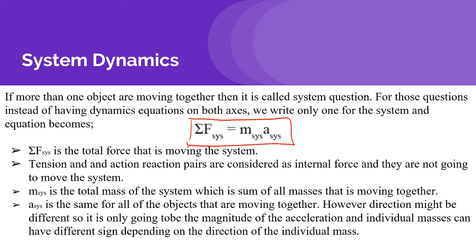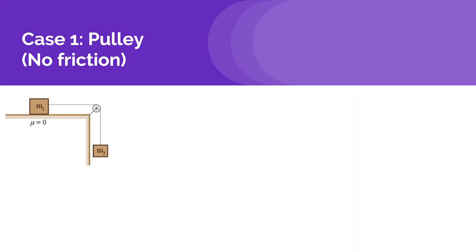We take the mass of the system, which is the total mass of everything, and the acceleration of the system. One good thing about this system equation is that since everything is connected, everything is going to have the same acceleration. So once I know the system acceleration, then I will know the acceleration of the individual objects. That's why we use this equation.